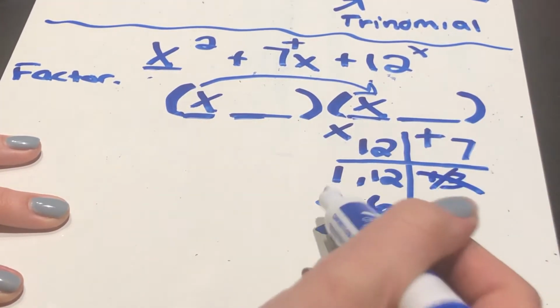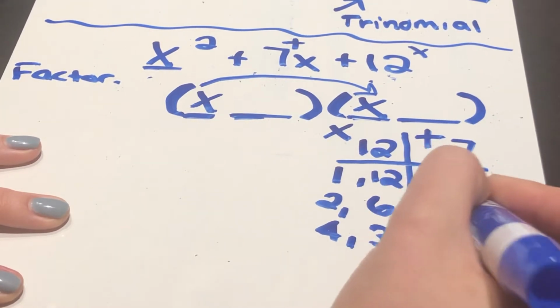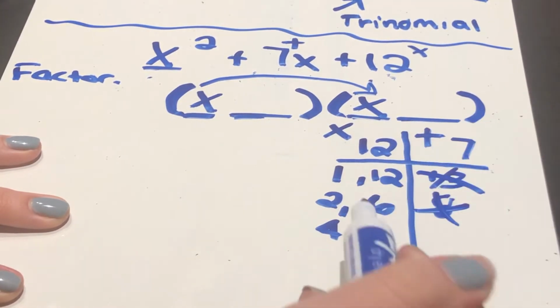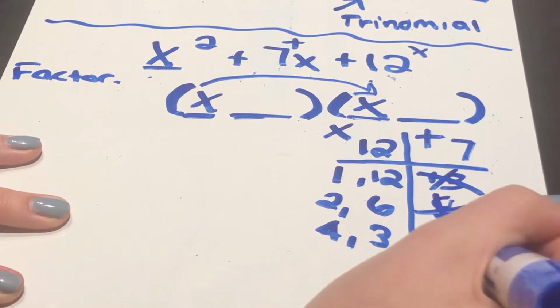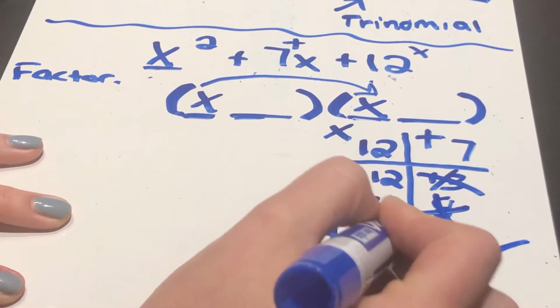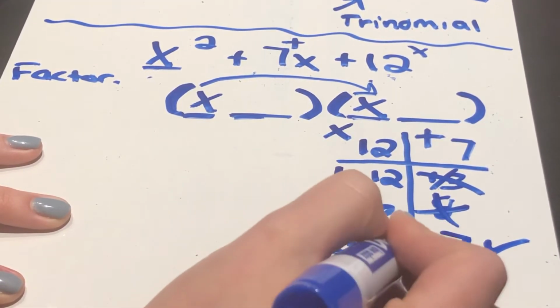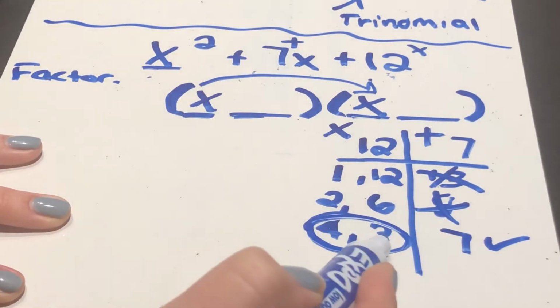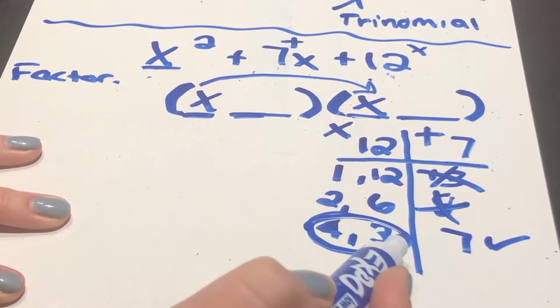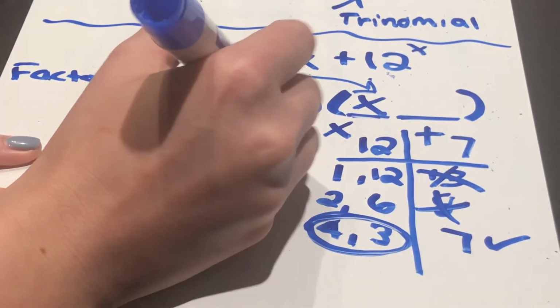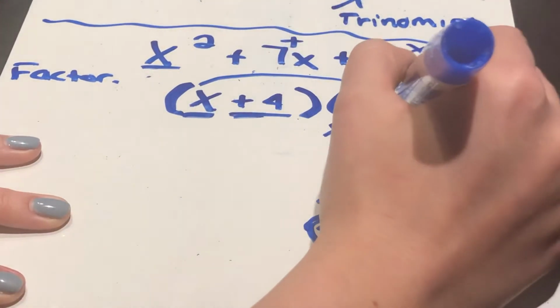No. 2 plus 6, does that give you 7? No. 4 plus 3, does that give you 7? Yes, it does. So our magic numbers, I call them, are 4 and 3. Positive 4, positive 3. So you know that here is a positive 4 and here is a positive 3.